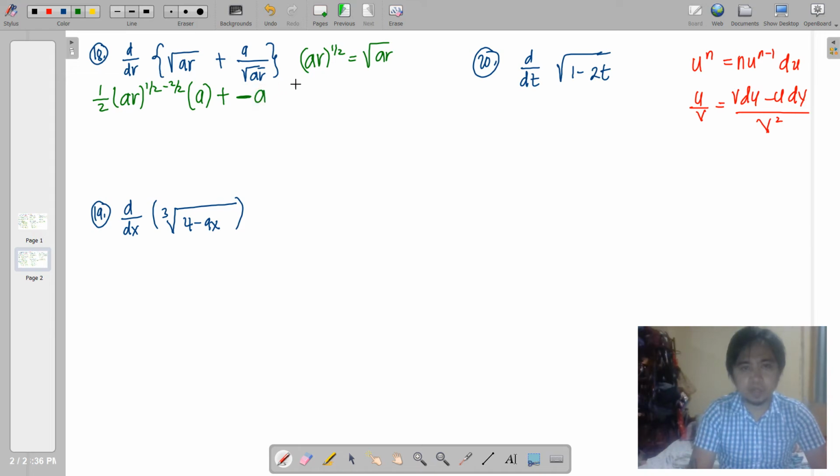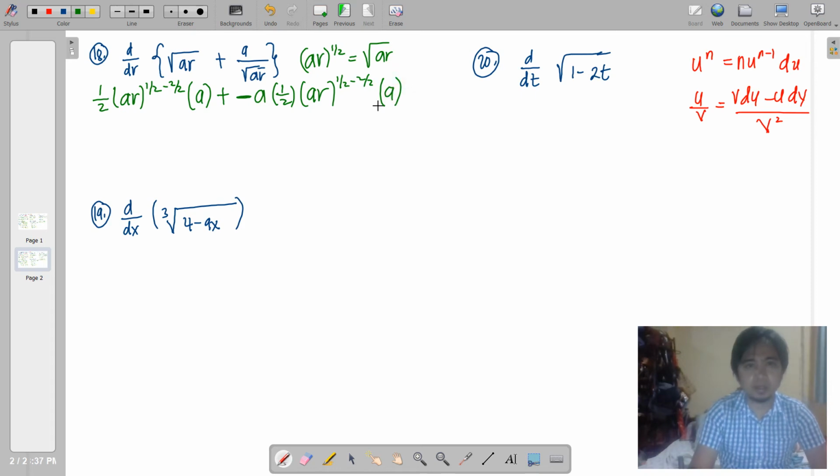Differential of square root of AR. Again, that could be written as AR raised to 1/2. Baba mo lang yun. AR yan. Bawas ng isa, 1/2 minus 2/2. Du. Differential of yung inside term. That is actually A. Okay? All over square root of AR, magiging AR. Okay? So, we simplify the terms here.